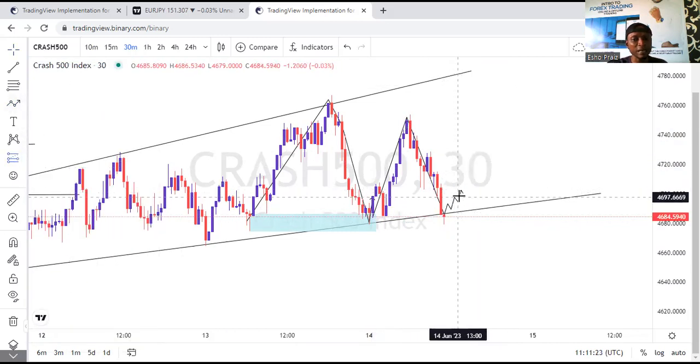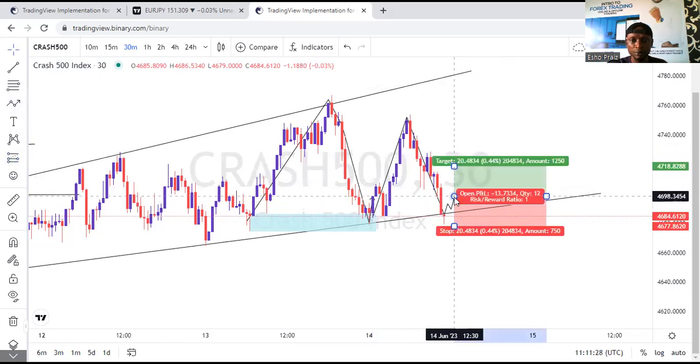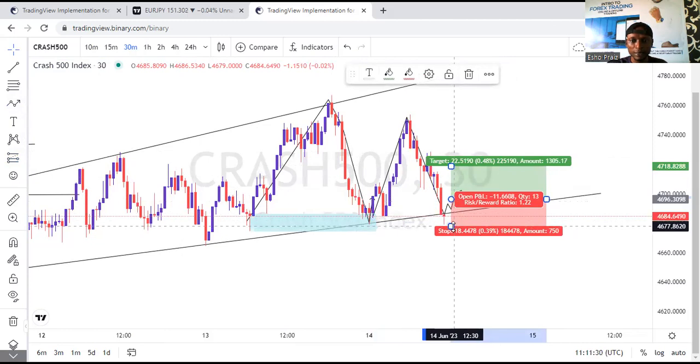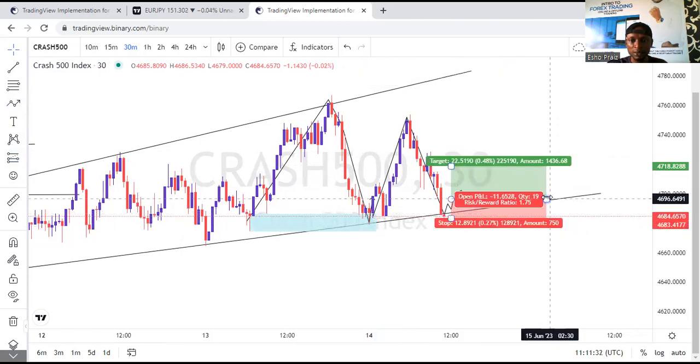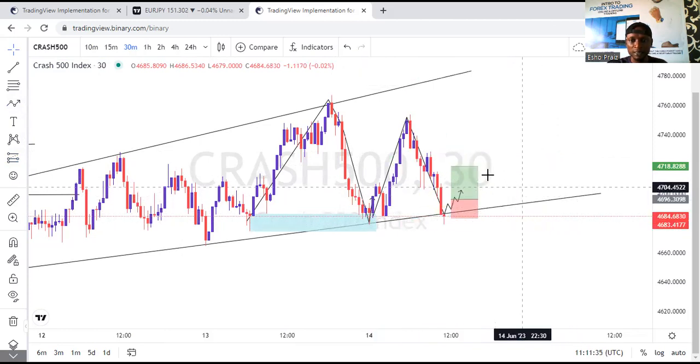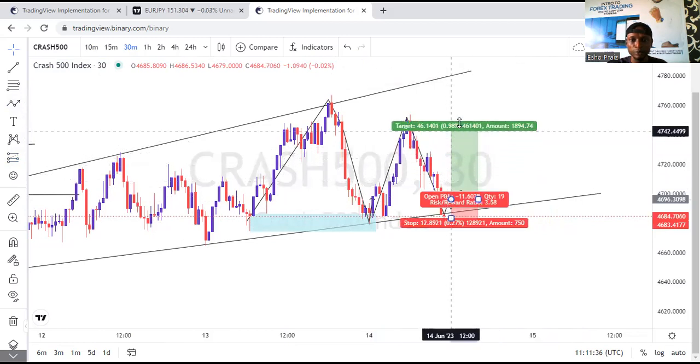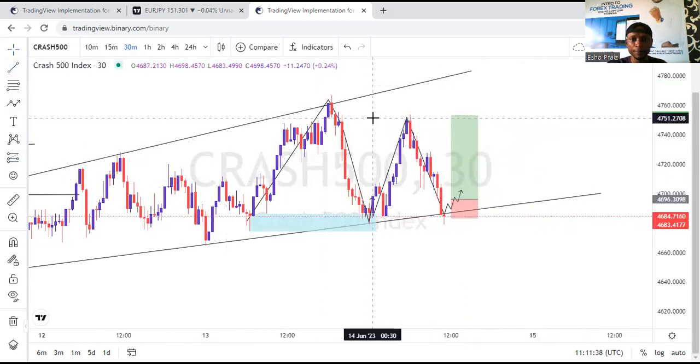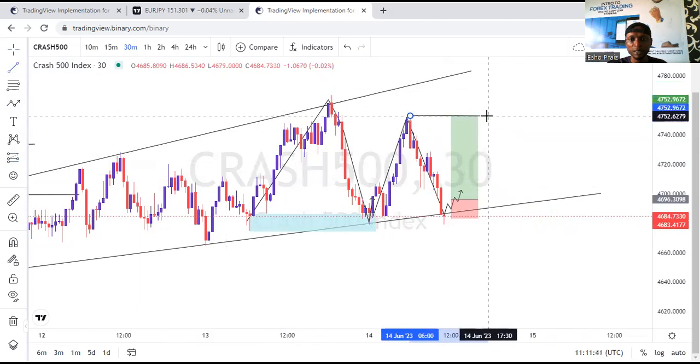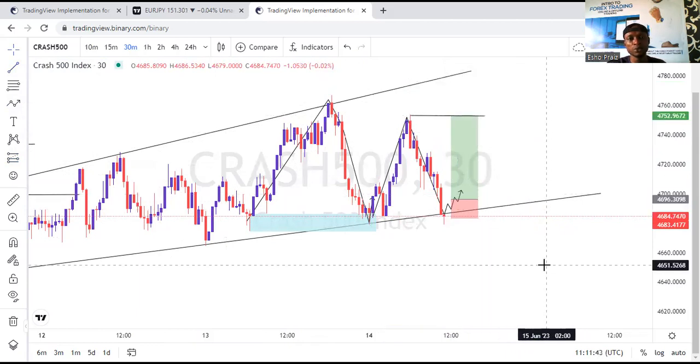I'm not talking about higher time frame bearish or bullish candles. No, I'm talking about the lower time frame, something like this. So your stop loss is not really bad. Then you put your take profit here.